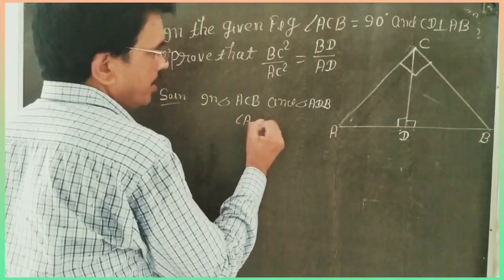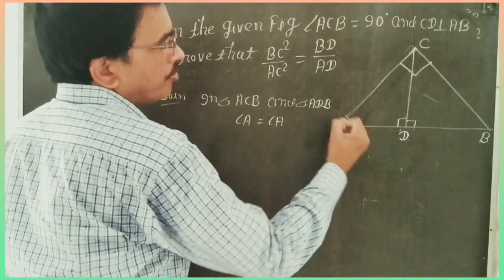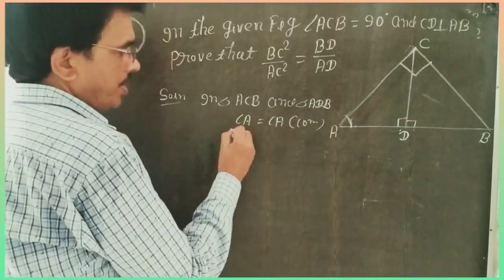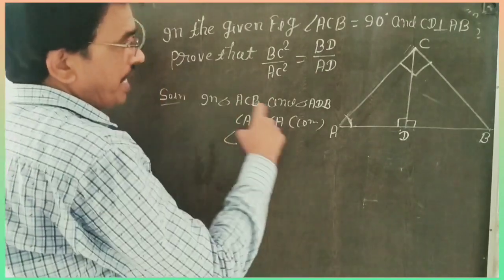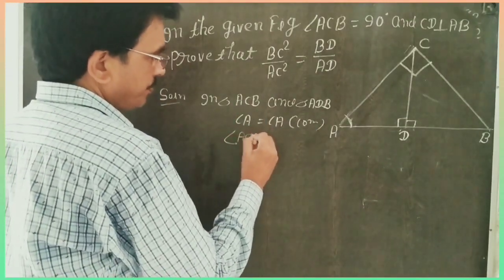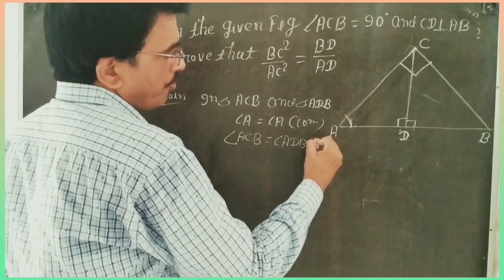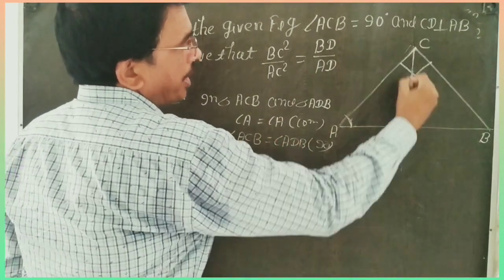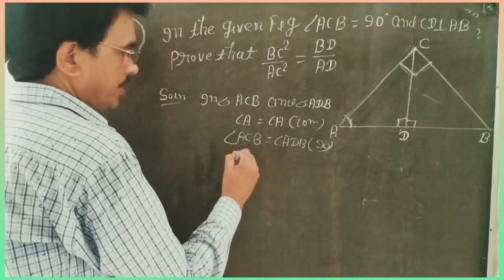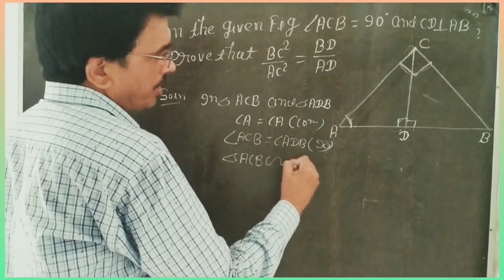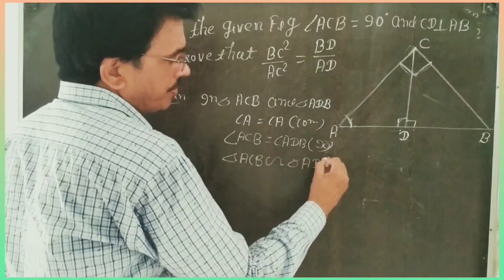What is it? Angle A is equal to angle A, both are common. And angle ACB is equal to angle ADB, both are 90. So triangle ACB is similar to triangle ADB.